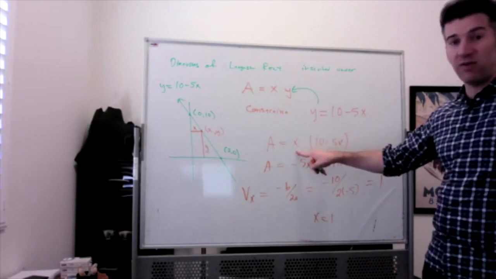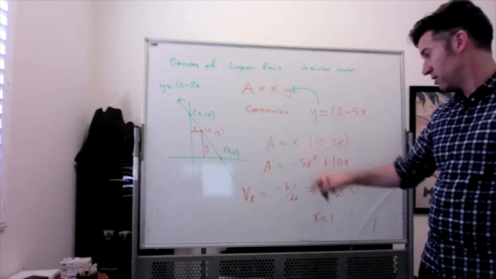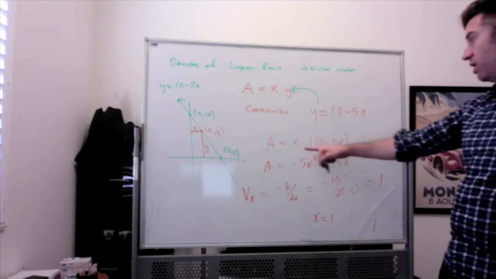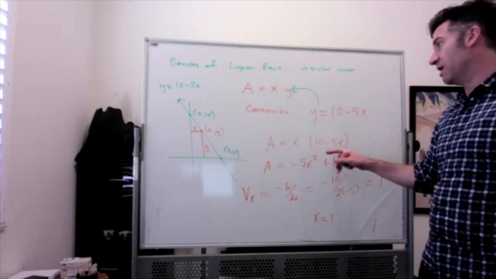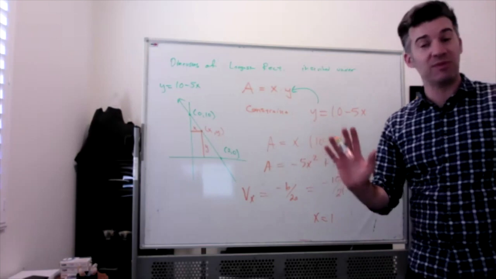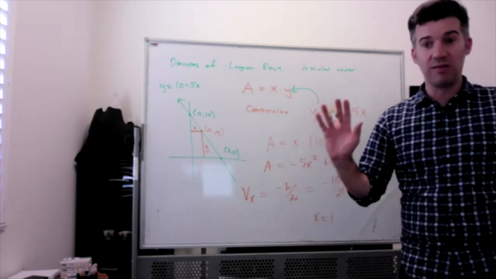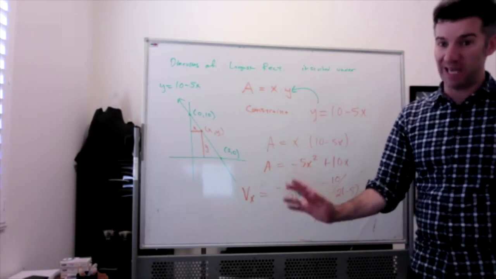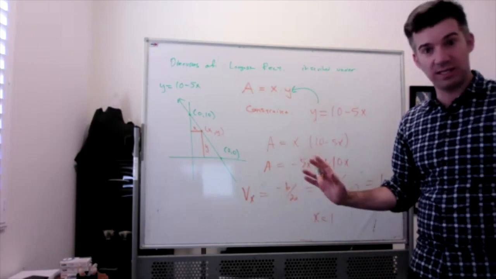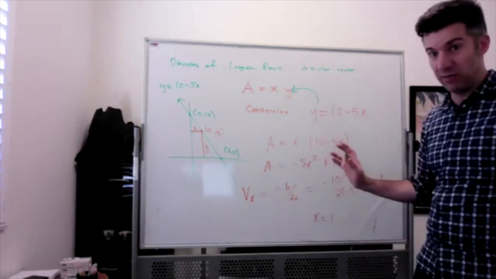If you find the y coordinate of the vertex, that would give you 1 times 10 minus 5, which is 5. Although I will point out, in this particular example, the maximal area and the y coordinate happen to be the same. That's a coincidence, but it is true here.